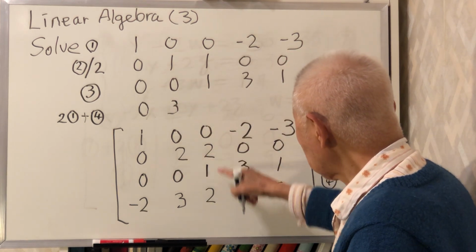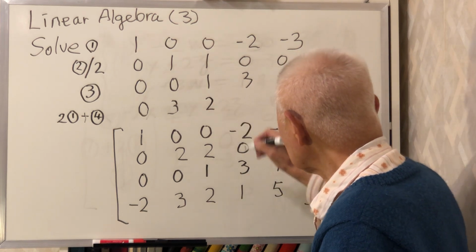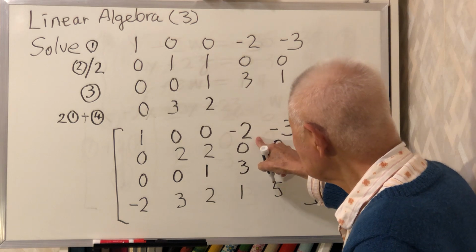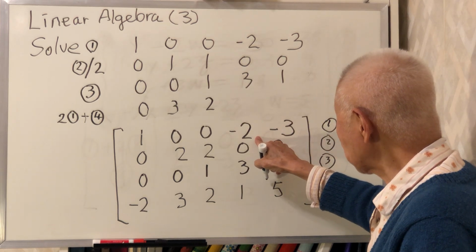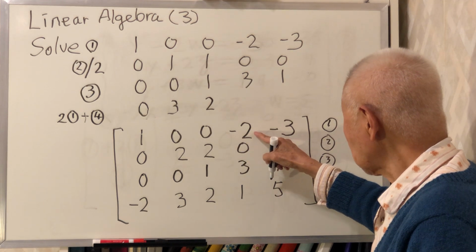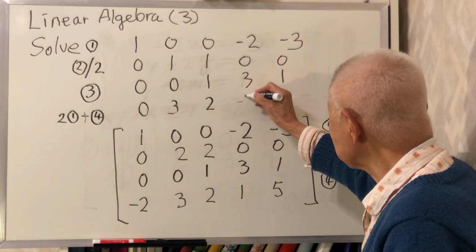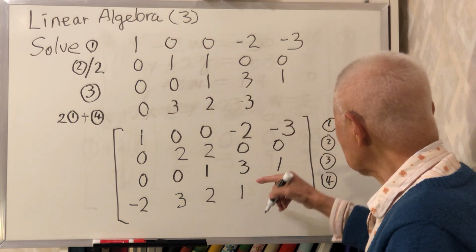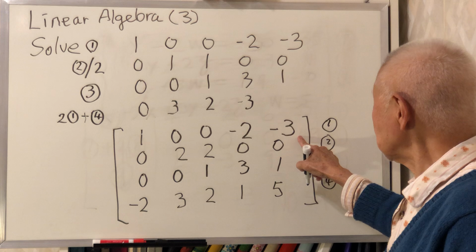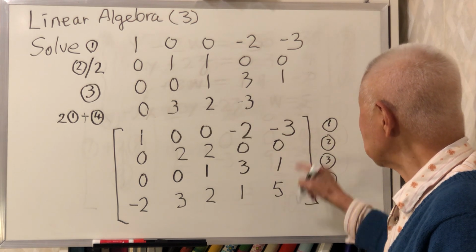Multiply 2, add to this is 2. Multiply 2, I get -4. -4 plus 1 is -3. Multiply this by 2 is negative 6. Negative 6 plus 5 is negative 1.